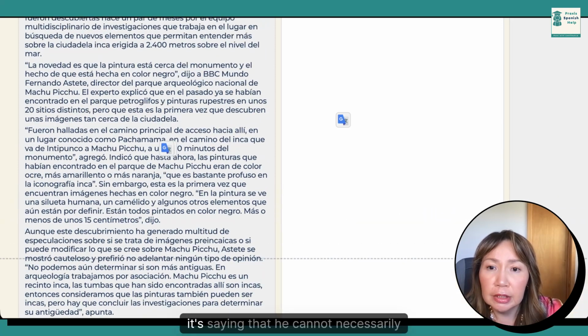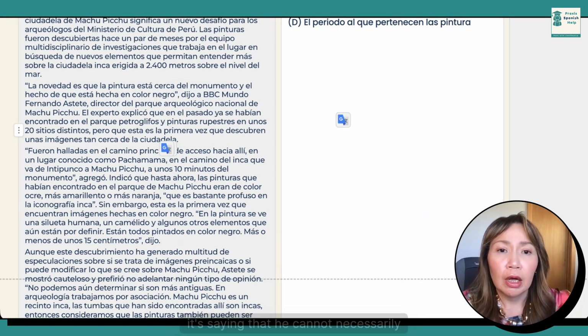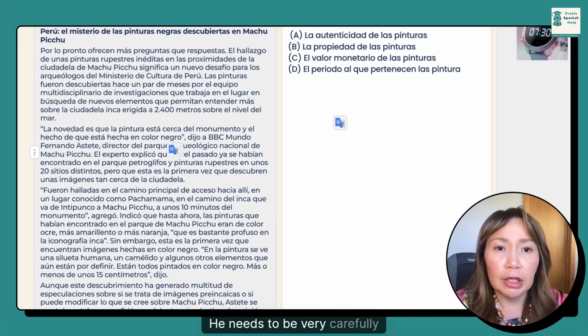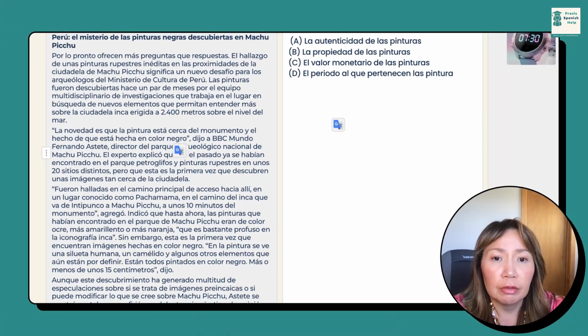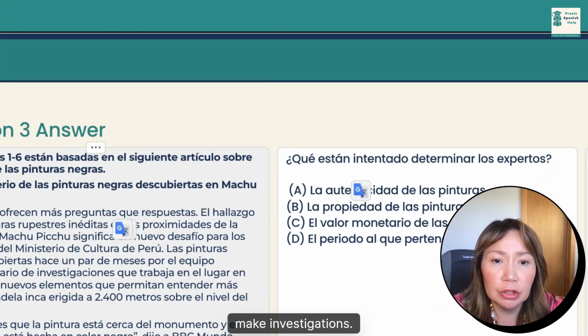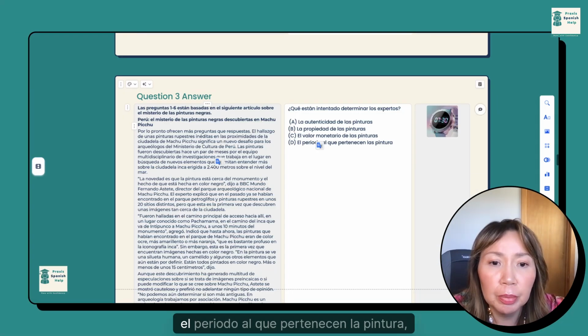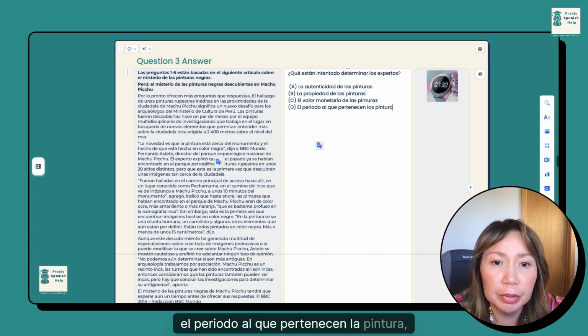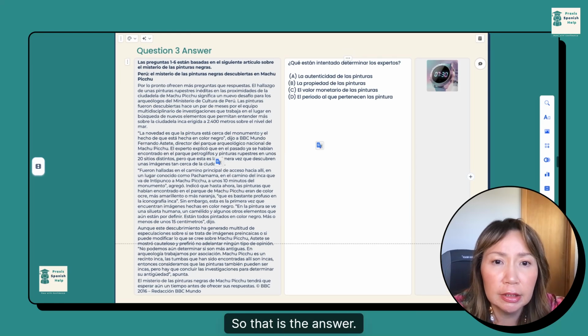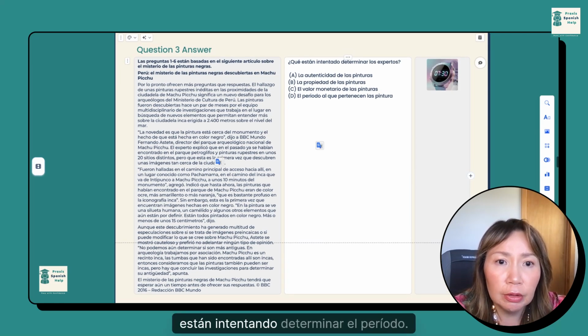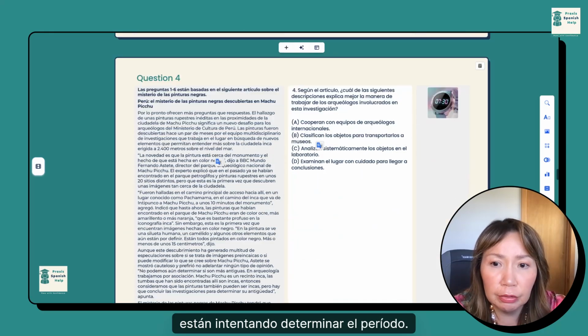So it's saying that he cannot necessarily just make conclusions. He needs to be very carefully make investigations. So now the correct answer then is el periodo al que pertenece la pintura, right? So that is the answer. Los expertos están intentando determinar el periodo, right?